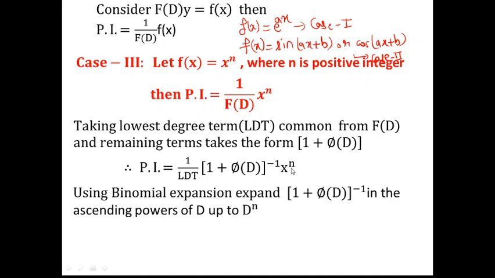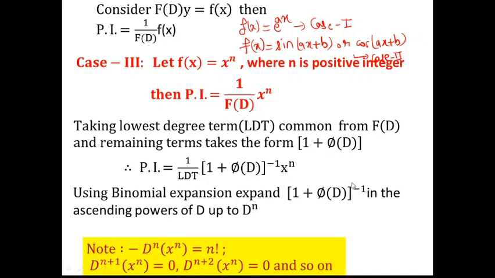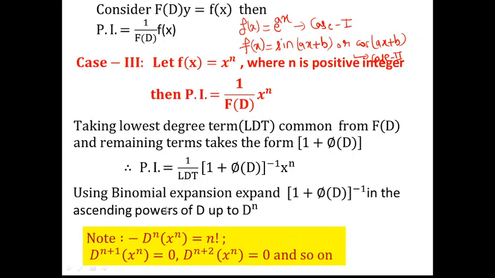After this we will expand 1 plus phi of D to the power minus 1 using binomial expansion in ascending powers of D up to D raised to n. Now why up to D raised to n? Because we know that this function after expansion is going to operate on x raised to n.